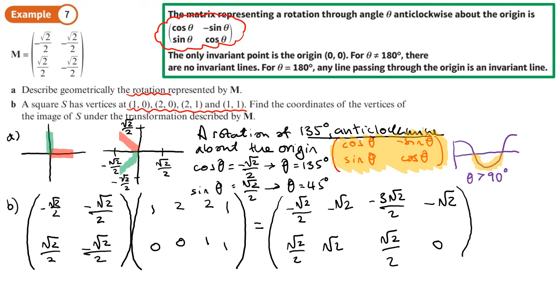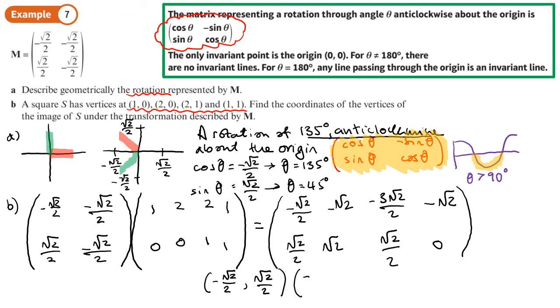Okay, so we want to find the coordinates of the vertices of S now. So each column is a coordinate. Coordinate number 1, negative root 2 over 2, root 2 over 2.